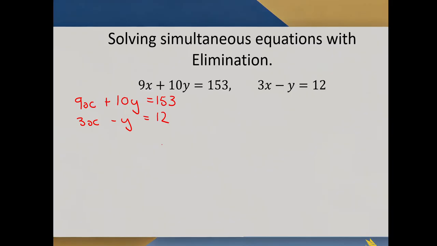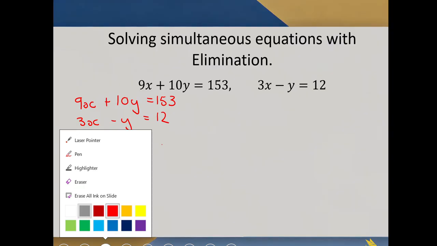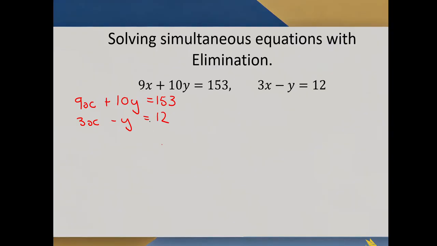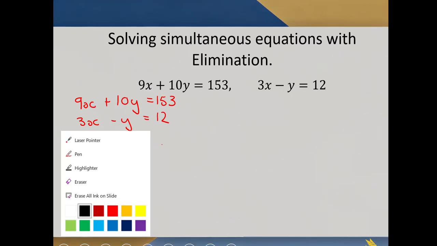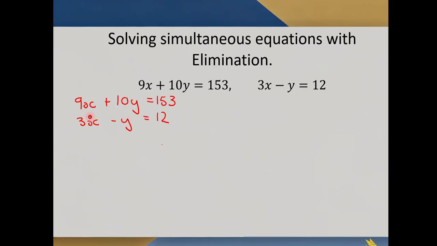So the first thing I will do here is, I know that if I add or take away to this 3x minus y and 12, they are equivalent. So I'm doing exactly the same thing. But the aim is to be able to subtract one of our x's or one of our y's to cancel that variable.